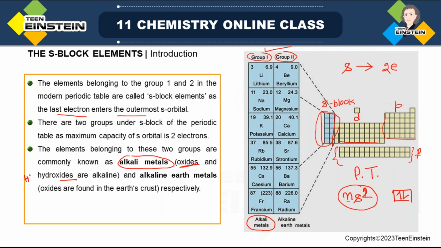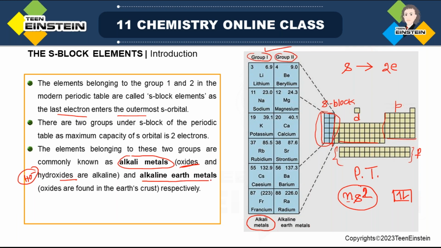Hydroxide means the OH minus ion that will be present in the compounds of these elements, and oxide means compounds formed with the element oxygen. Detailed discussion we will cover separately, but here we are trying to understand why we call group 1 elements alkali metals. The reason is their oxide and hydroxide compounds are alkaline in nature.